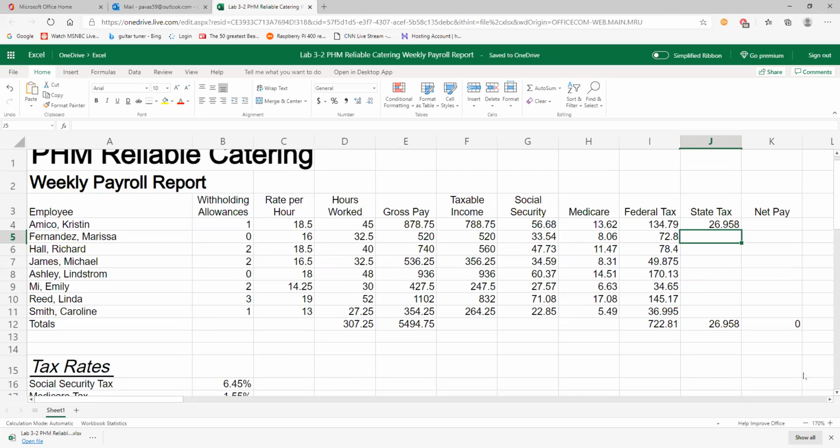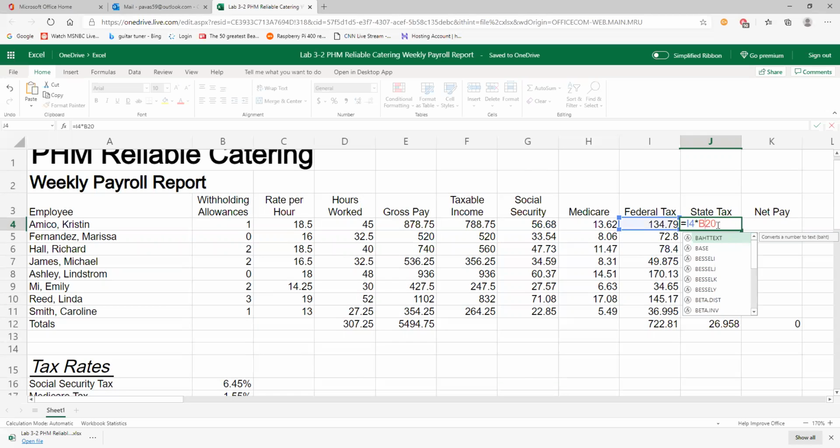Yep. Now let me copy it and make sure that it is not an absolute value that we're looking for. Yeah, so it has to be absolute value here. So right here we have to make this absolute value. I'm just going to press F4. Use the absolute value here and then press enter.